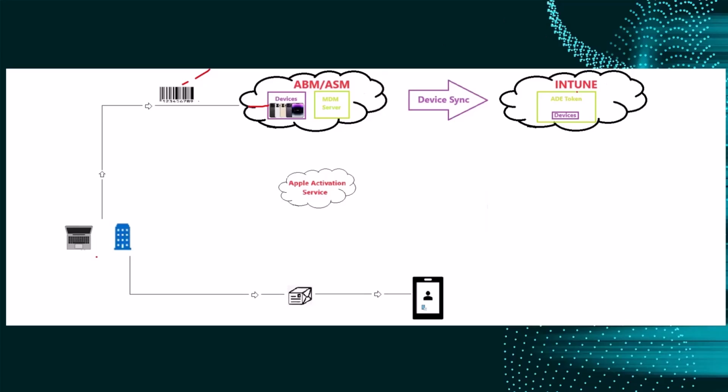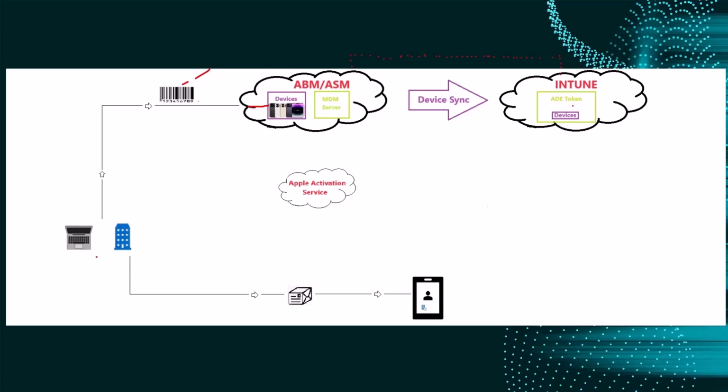So if you want to use this with Intune, then you will have to establish a relationship between this ABM instance and your Intune portal. Because there are so many tenants in Intune, right? How do you link that with which Intune tenant you want to use? You do that by creating this link between your ABM instance and your Intune tenant.